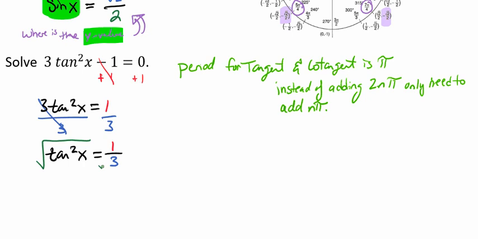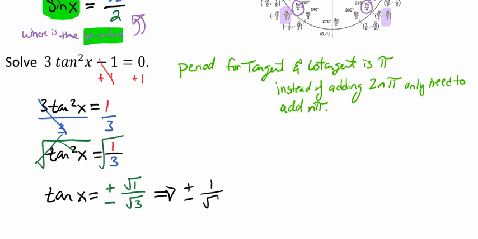But then we need to find the square root to cancel that out. So that's going to give us the tangent of x equals plus or minus the square root of 1 over the square root of 3, which becomes plus or minus 1 over the square root of 3.